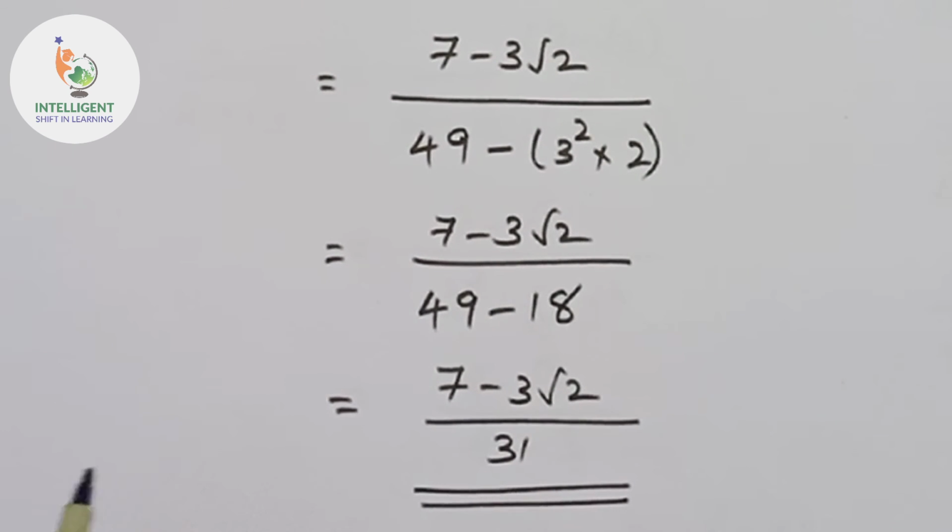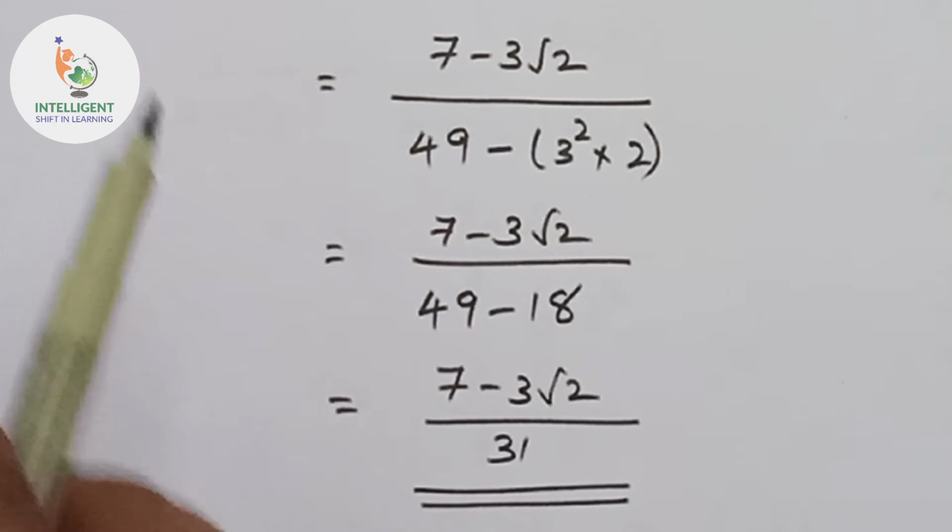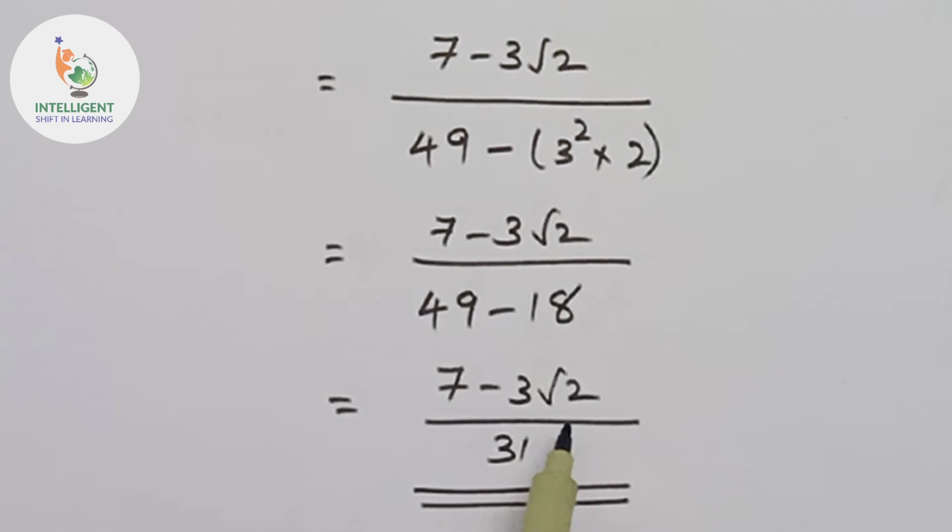So the equivalent fraction of 1 by 7 plus 3 root 2 is 7 minus 3 root 2 by 31, in which the denominator is in rational form.